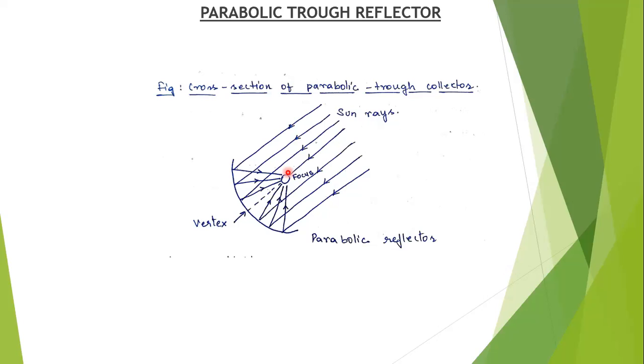Trough type collectors are generally oriented in east-west and north-south directions. If you orient it east-west, the collectors are laid flat, parallel to the ground, in the east-west direction. East-west means like this, north-south means like this.